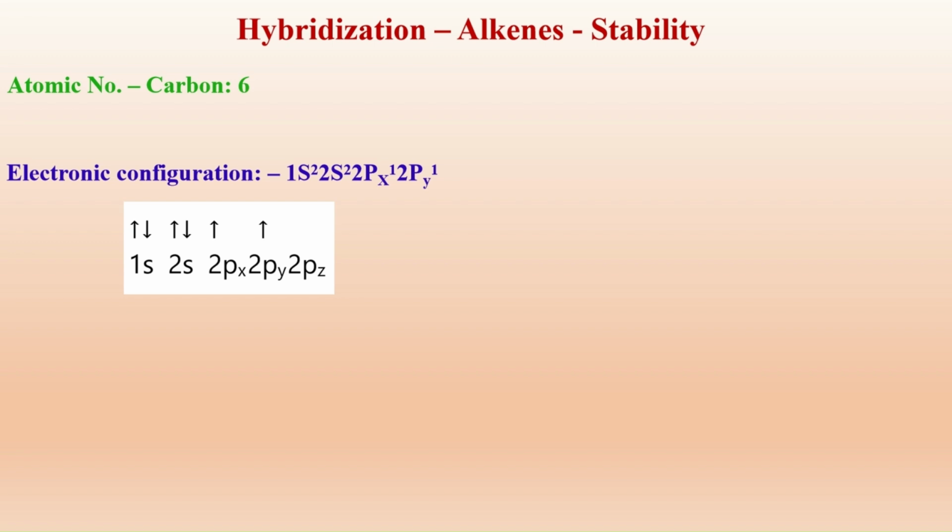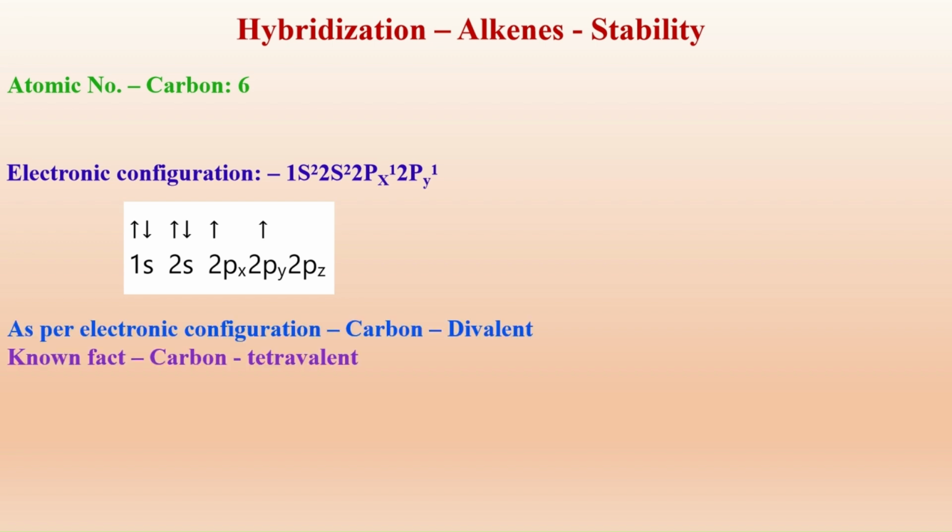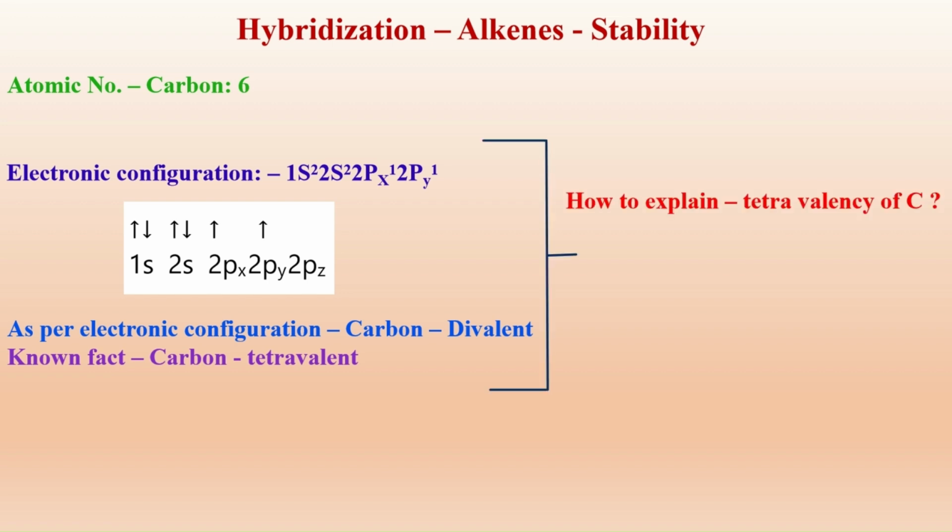This is the ground state of carbon, and it has two half-filled orbitals. That's why it can share electrons with two others and become divalent. But carbon is tetravalent, and this is explained by the hybridization process.